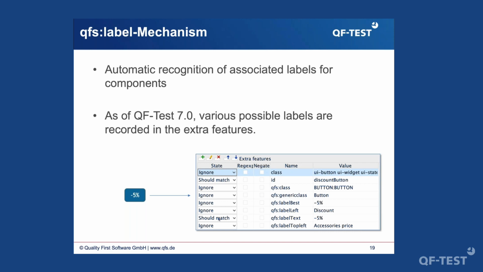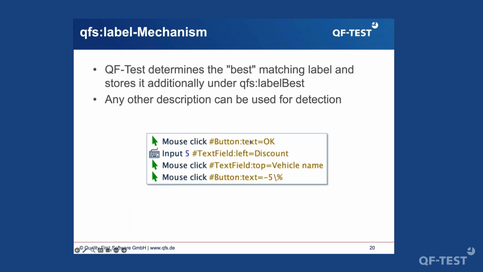You can completely customize this for each and every one of your components. It gives you a lot of ways to tell that this label is not really matching and I want to rely on another one. Then we can simply switch it to another one. And QFTest is trying to determine the best matching label for a component and storing this as QFS label best, as I already said.